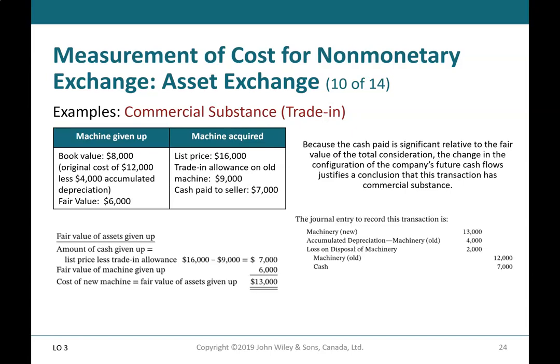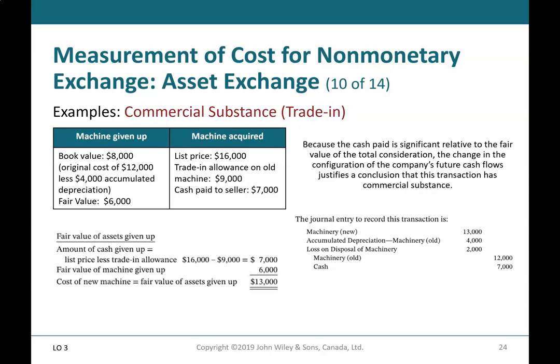The journal entry to record this transaction is debit machinery new for $13,000. Debit accumulated depreciation machinery old for $4,000. Debit loss on disposal of machinery for $2,000. Credit machinery old for $12,000.